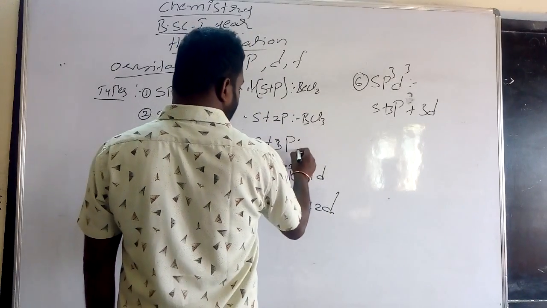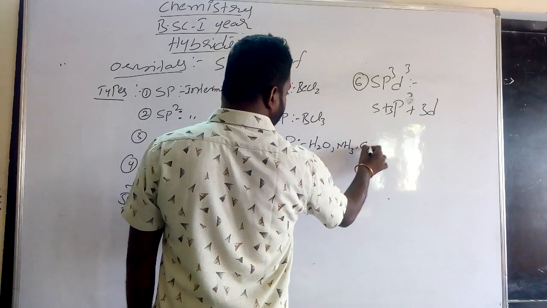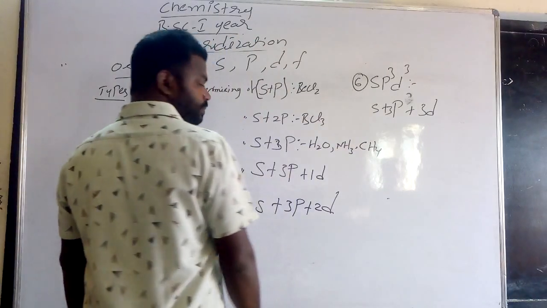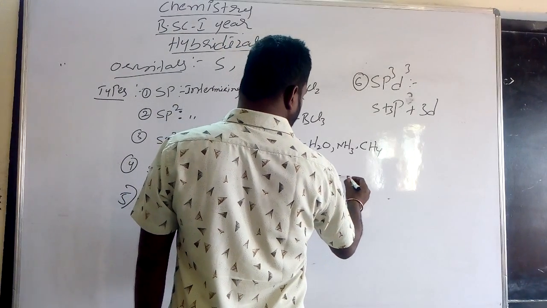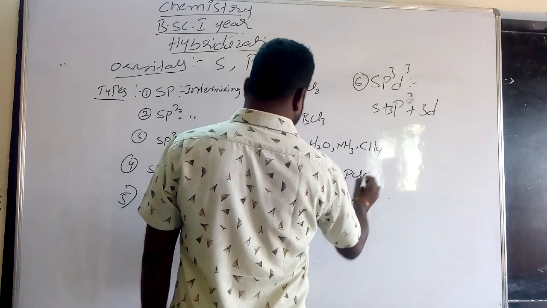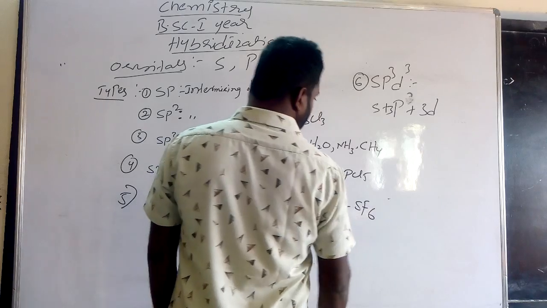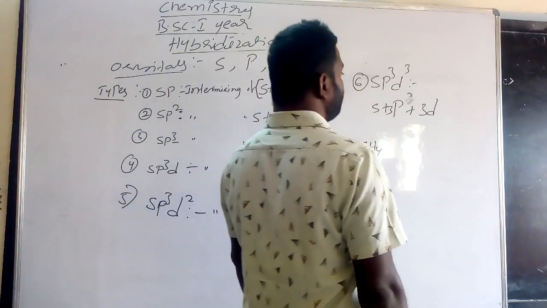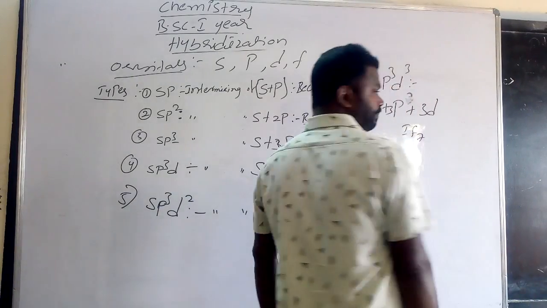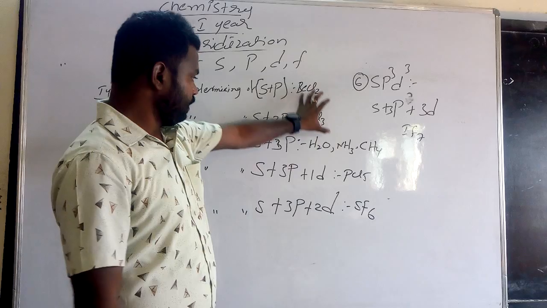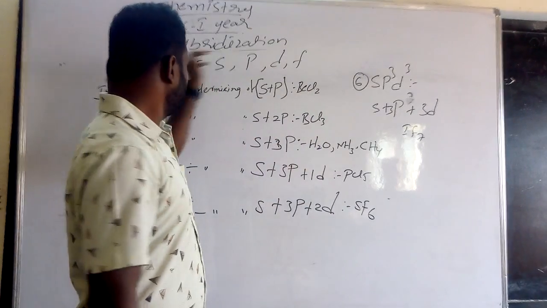For sp3 hybridization examples, H2O, NH3 and CH4. For sp3d hybridization example, PCl5. For sp3d2 hybridization example, SF6. For sp3d3 example, IF7. These different types of examples we are discussing in this.